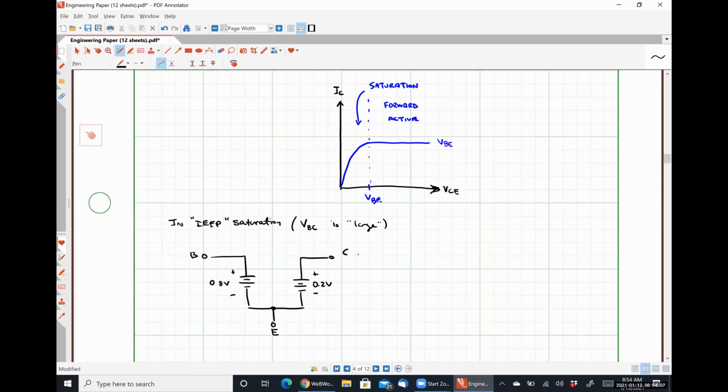So we no longer have a dependent current source between the collector and the emitter. We have a fixed bias voltage of 0.2 volts.